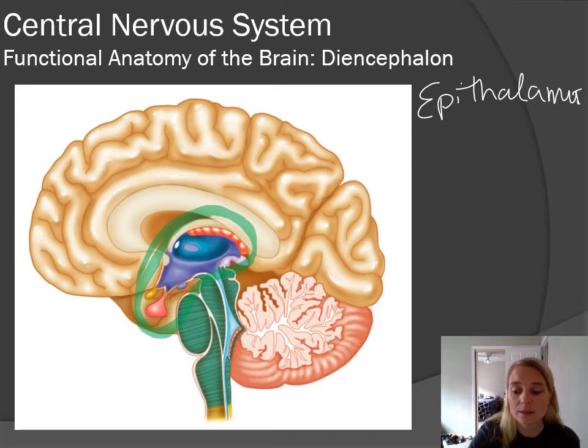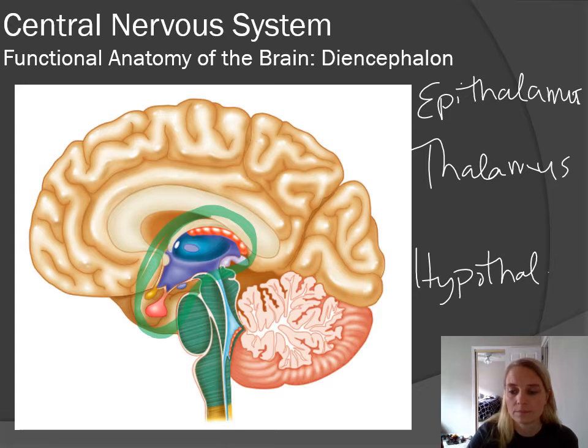We have the thalamus. And we have the hypothalamus. And you might see that they have kind of a directional naming. So epi means above and hypo means below.